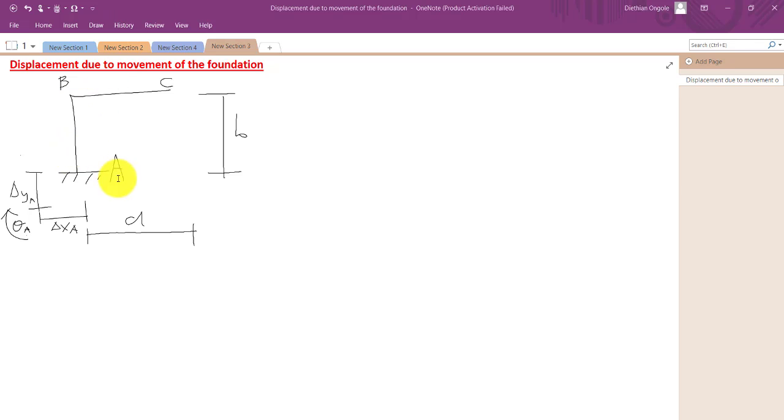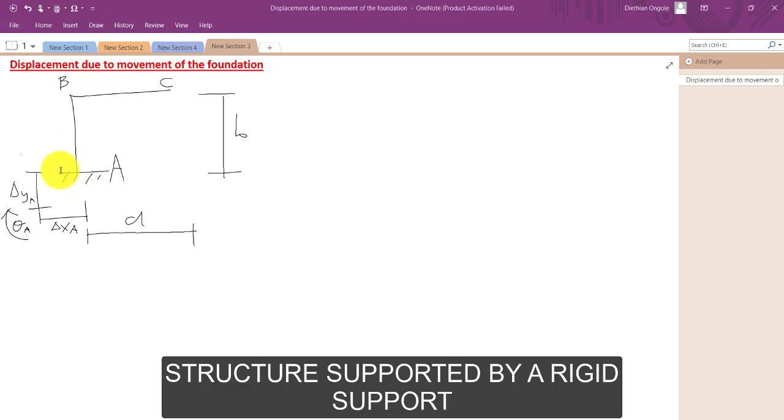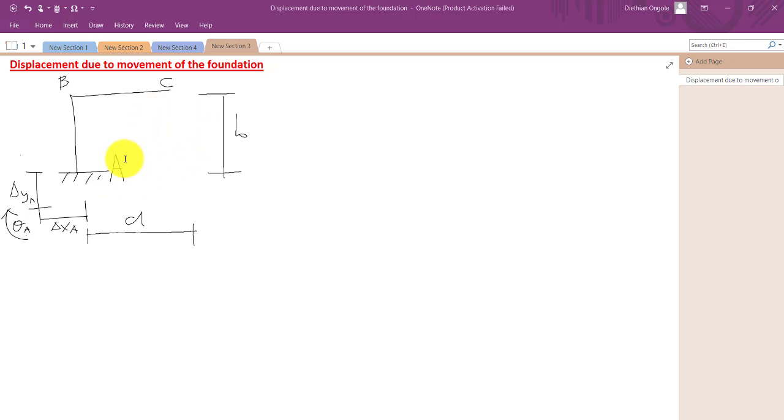Assuming we have such a structure being supported by a rigid support at point A, if our structure undergoes a horizontal displacement given by magnitude delta XA to the left hand side, and then it undergoes a vertical displacement given by delta YA, that is a sinkage, and then we have a rotation given by theta A, we automatically know that these displacements here would induce point B and C to also undergo a displacement of some magnitude.